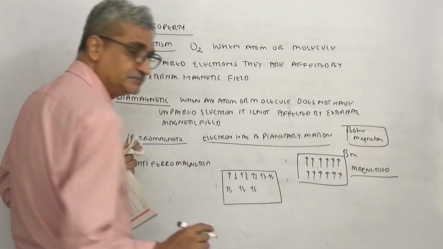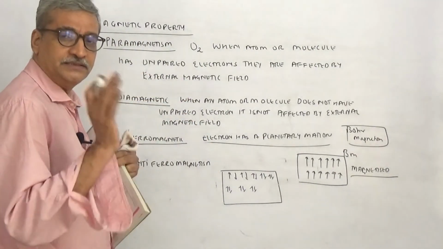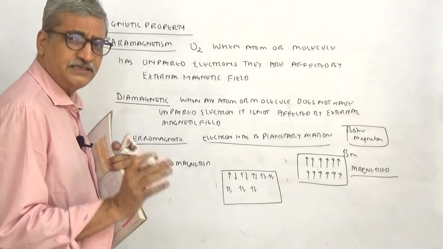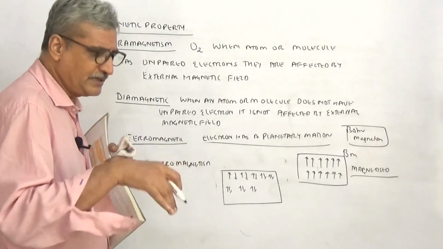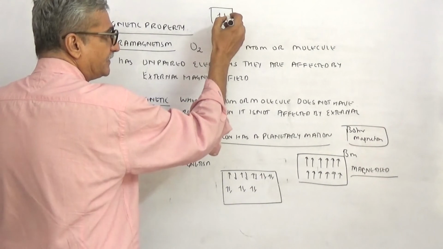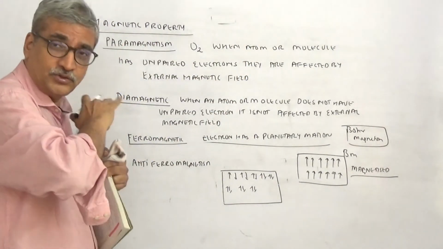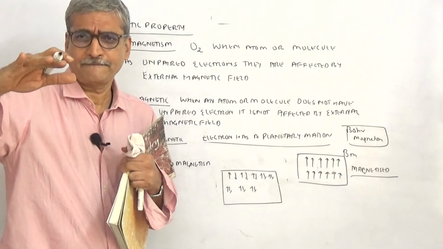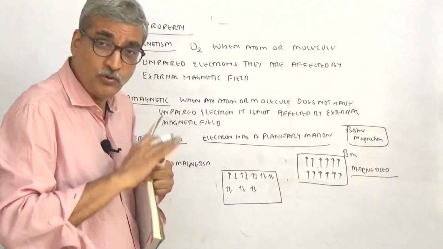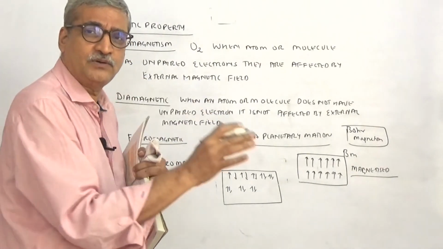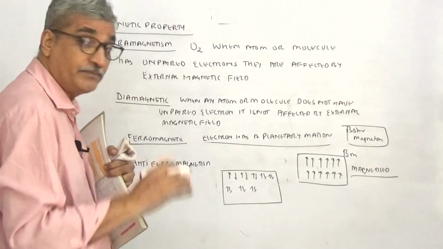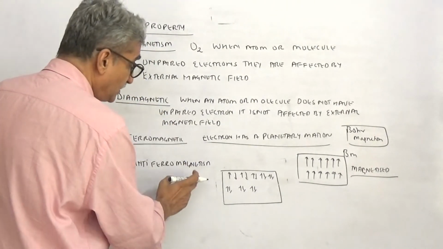They are not paired. They are metals. They have mobile electrons, spinning around their axis. Equal numbers are spinning clockwise and equal numbers anti-clockwise. This is not in an orbital. Throughout the metal atom there are electrons, one here, one here, one here. One is spinning like this, the other like that. Equal numbers move clockwise and anti-clockwise, so the magnetic moment gets cancelled in the metal. So it is not affected by external magnetism.